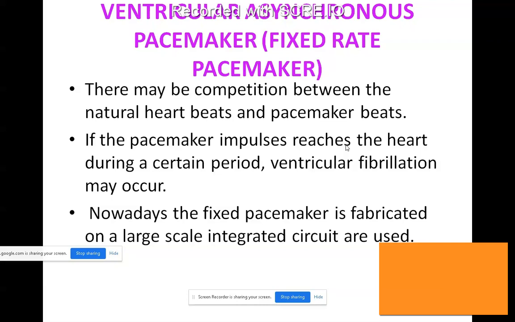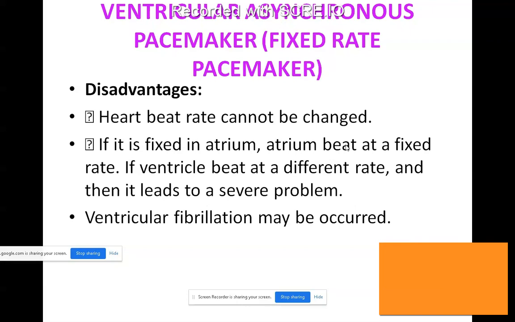So nowadays the fixed pacemaker is fabricated on a large scale integrated circuit. With the help of an IC, you are going to design the pacemaker, that is the fixed pacemaker, the internal pacemaker for the patient. The disadvantage of the ventricular asynchronous pacemaker is that the heartbeat rate cannot be changed because it is a fixed rate.